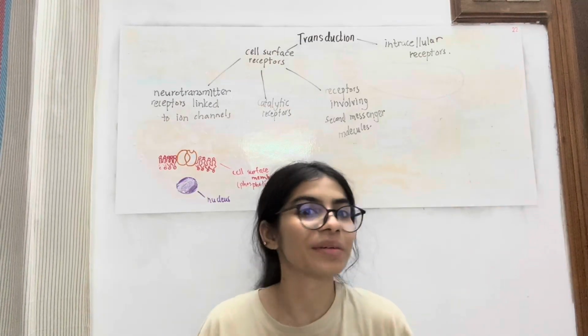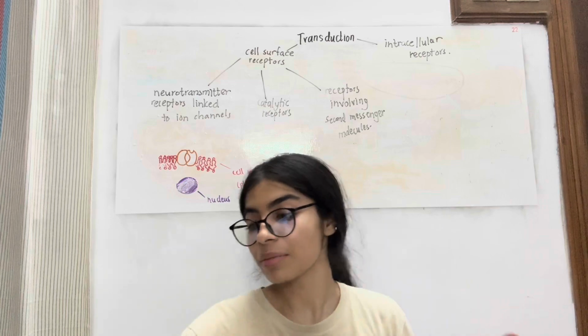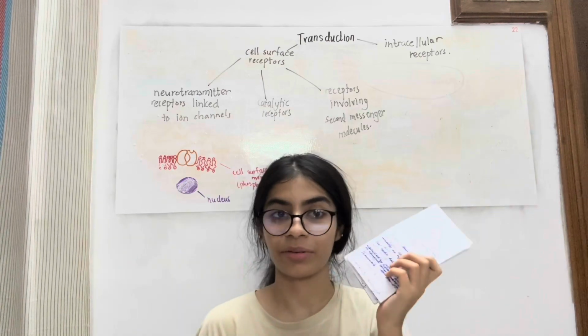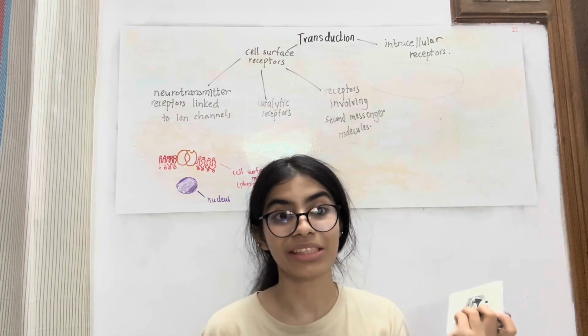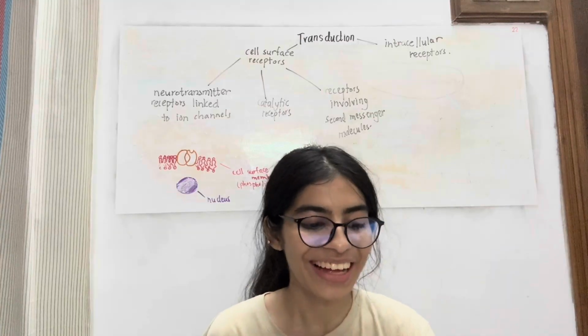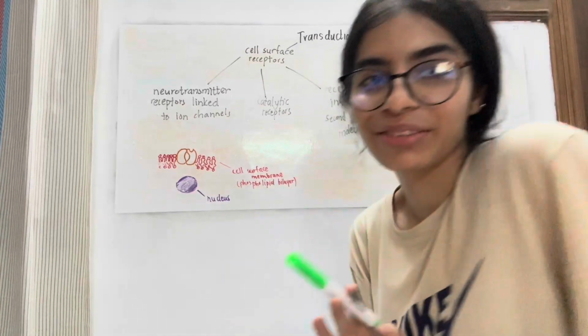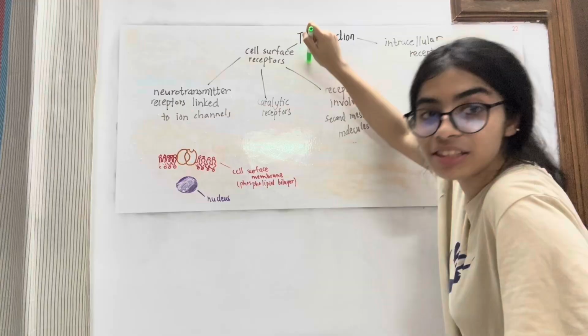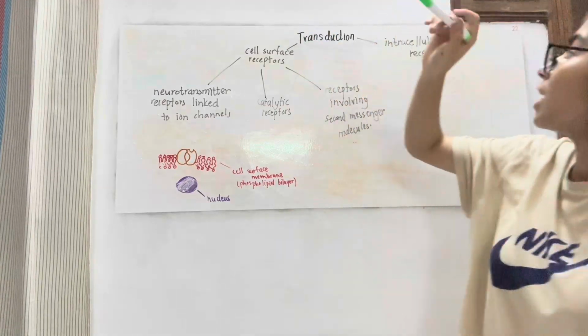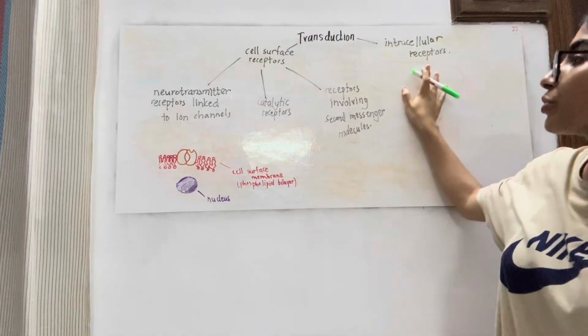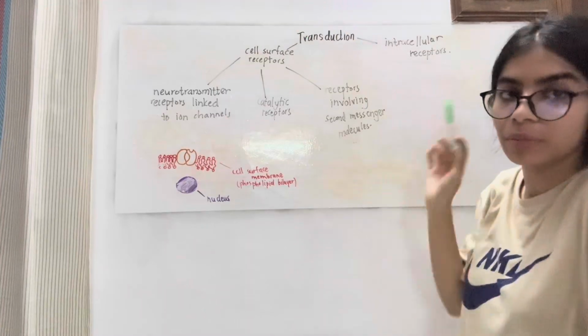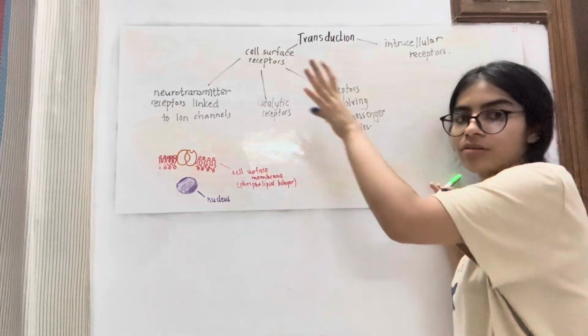Okay, I'm not sure myself. I wrote something down, but I can't read my own handwriting. So, you know, there is that. So, okay, there are two types of transductions. There are cell surface receptors and intracellular receptors. Now let's talk about cell surface receptors, because I kind of did the whole thing here.